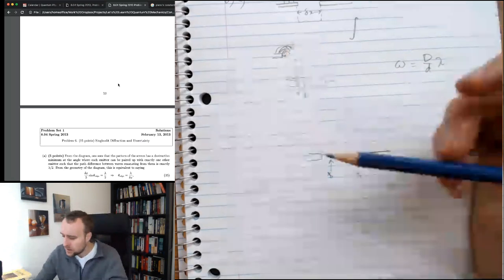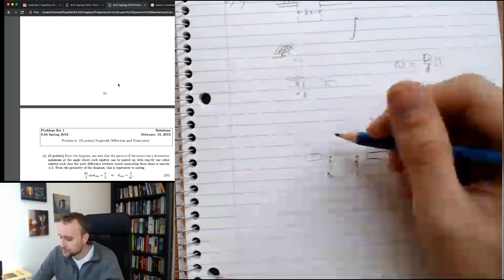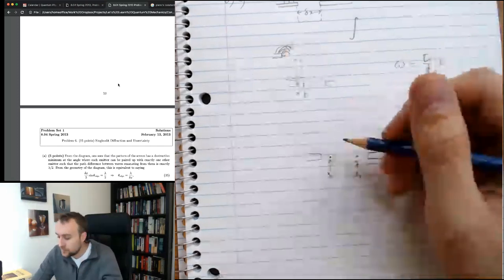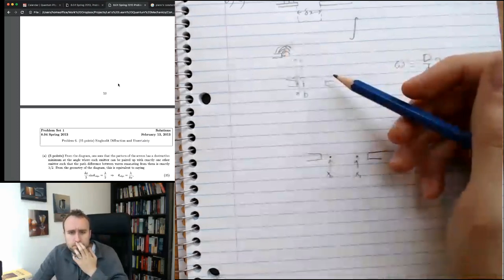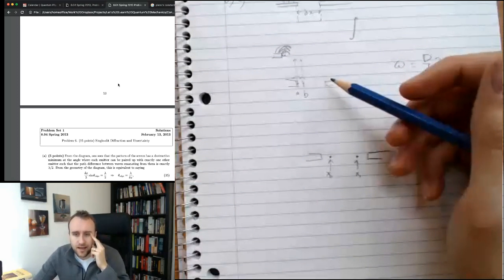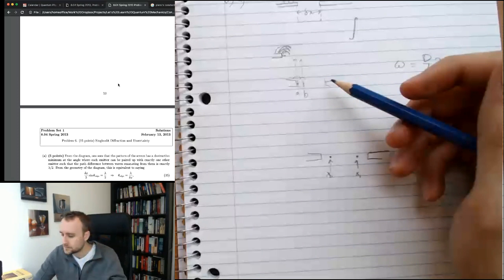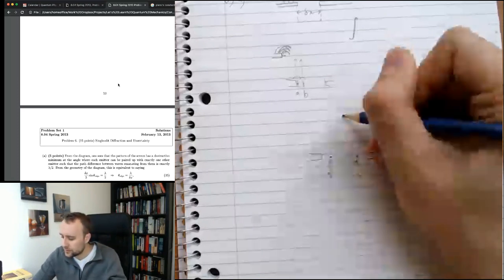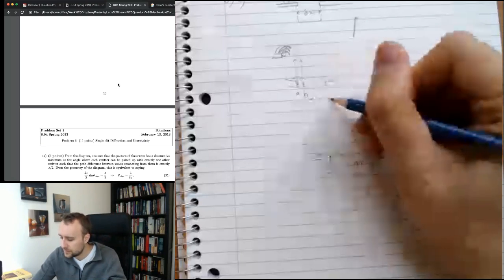All right, so these are going to have a destructive minimum at an angle where each emitter can be paired up with exactly one other emitter, such that the path difference between the waves emanating from them is exactly... So if we went from our last formula, I wish I had the diagram here for this.